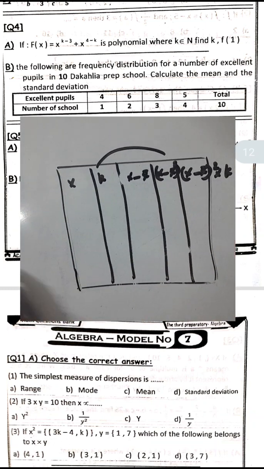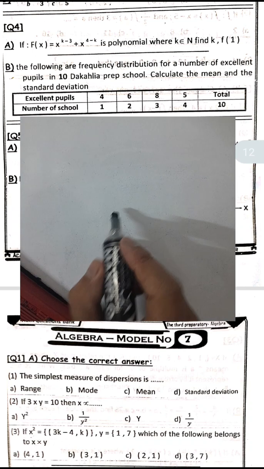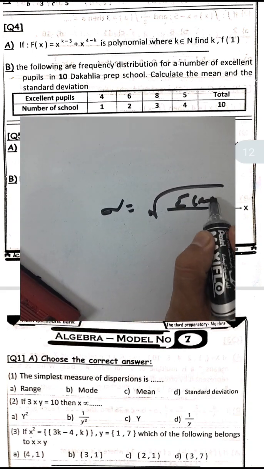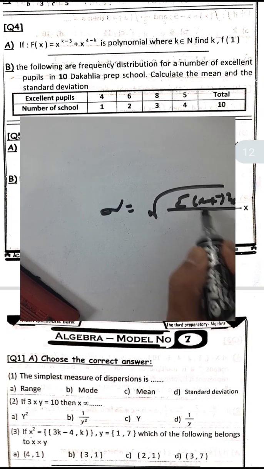You can complete this table and then find the standard deviation: the square root of the sum of x minus x bar squared times k, over the sum of k.